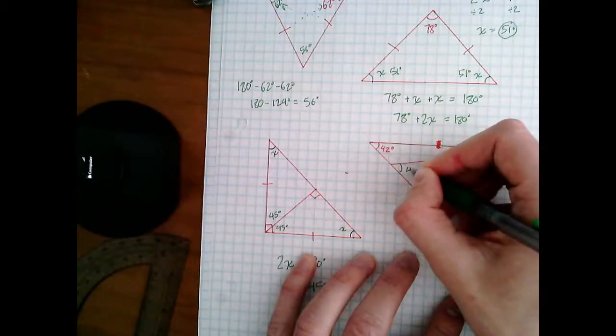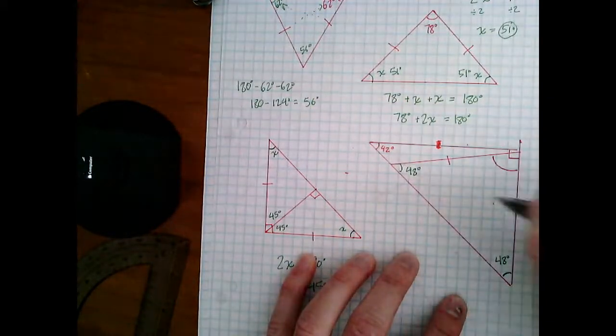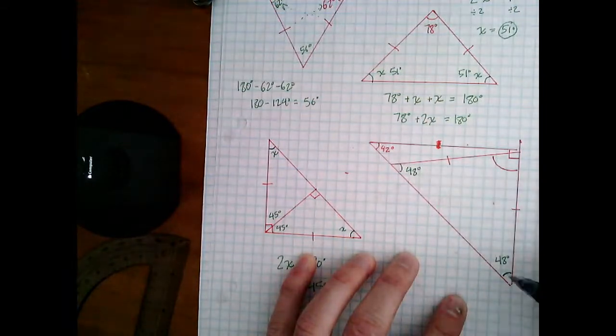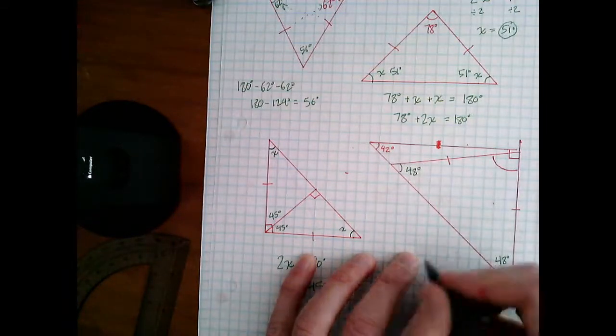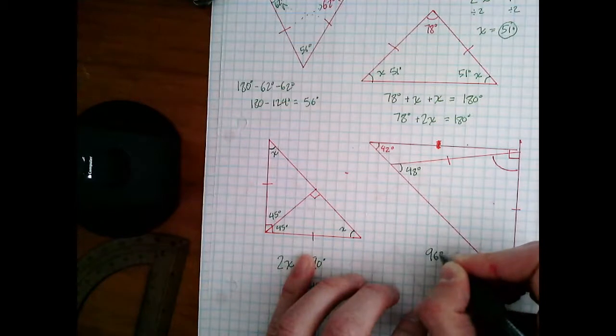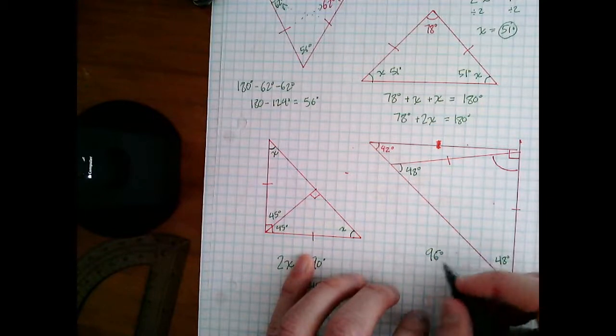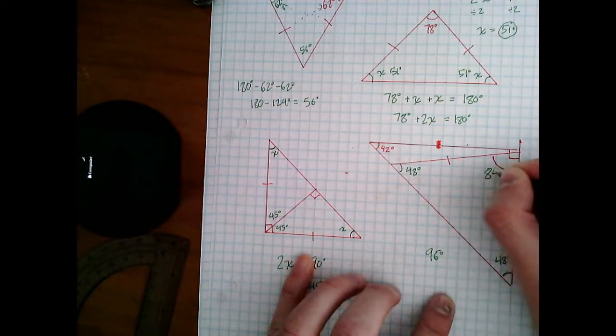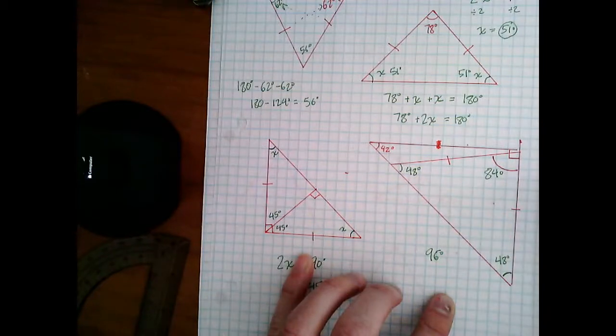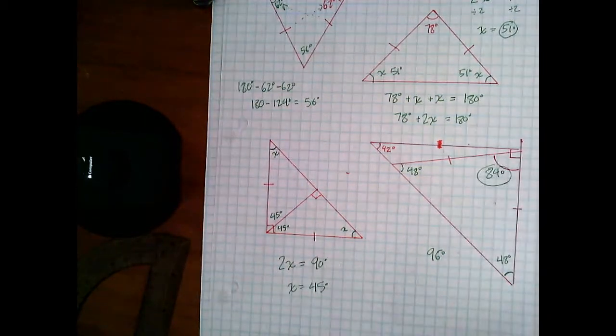This one also has to be 48 degrees. Which means 48 degrees plus 48 degrees is 96 degrees. This angle plus 96 has to be 180. So what this is missing is 84. So there's my answer for that one. Okay?